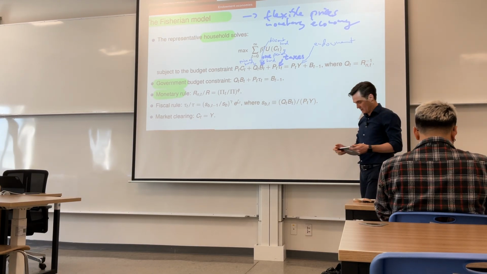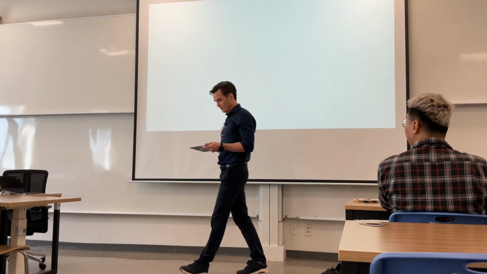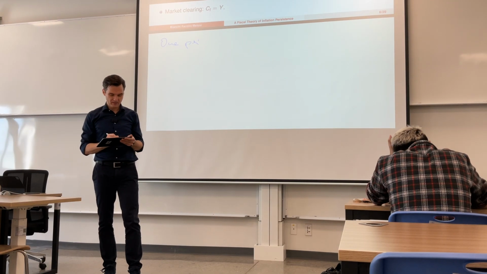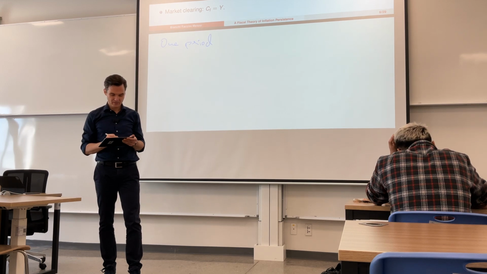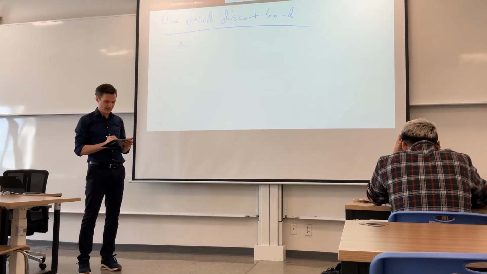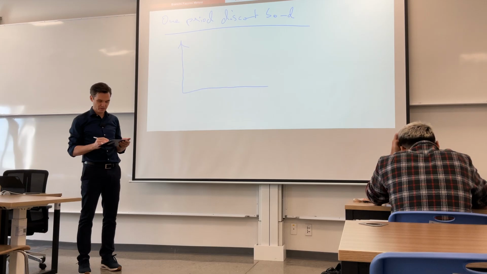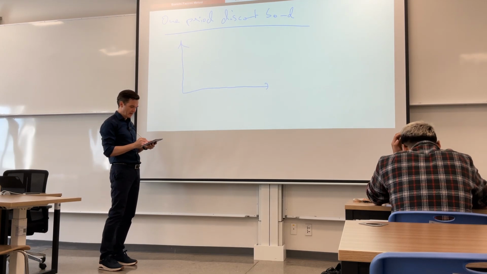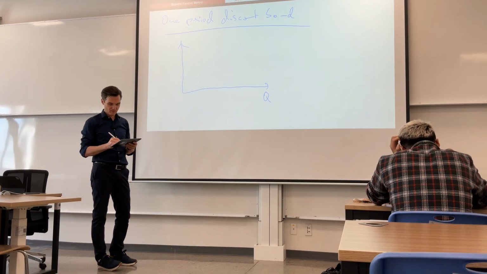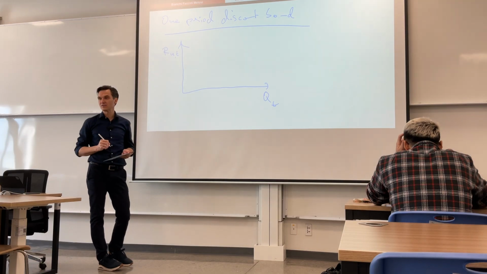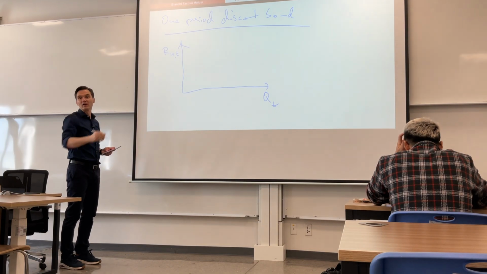So let's go through a very simple example on the one-period discount bond. With the discount bond, we have this standard feature that if you put the price Q on the x-axis, and the nominal rate of return, RNT, on the y-axis, you're going to have this inverse relationship.